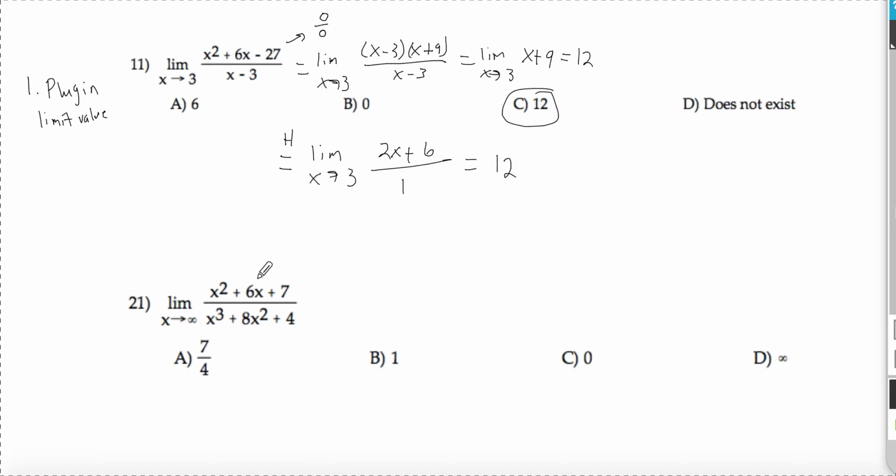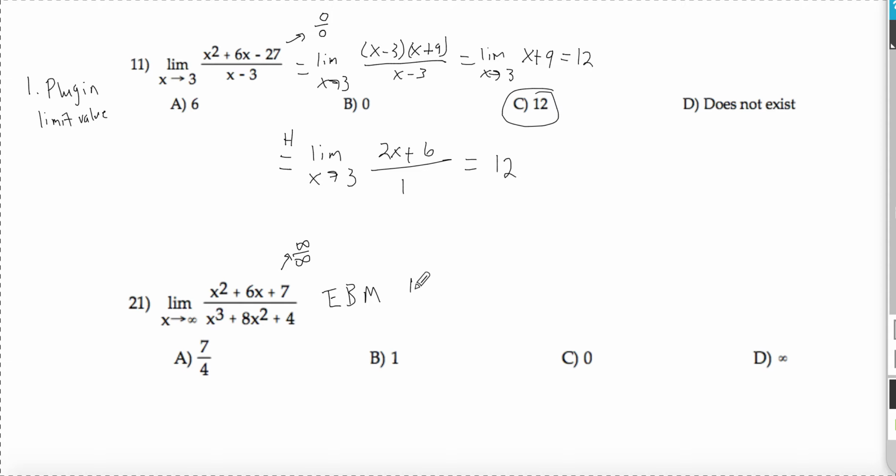All right. For label number 21, we have an infinite limit now. So if we want to, we could plug in, quote unquote, again. As x goes to infinity, we'd find that this goes to infinity over infinity. So if we want to, we could also use L'Hopital's rule and keep doing that until we get some value that works. Or we can do what maybe ultimately the quicker thing, which is to do our end-behavior model. Our end-behavior model says, hey, let me identify what grows fastest, what gets biggest as x goes to infinity.